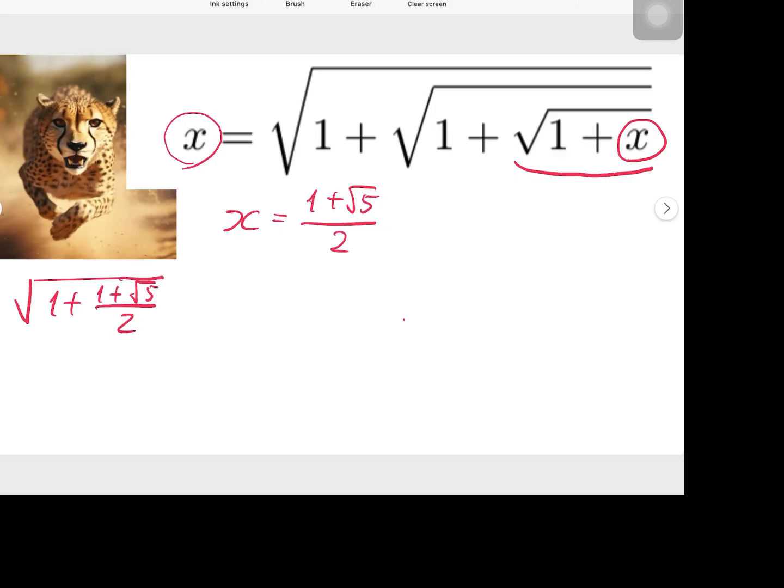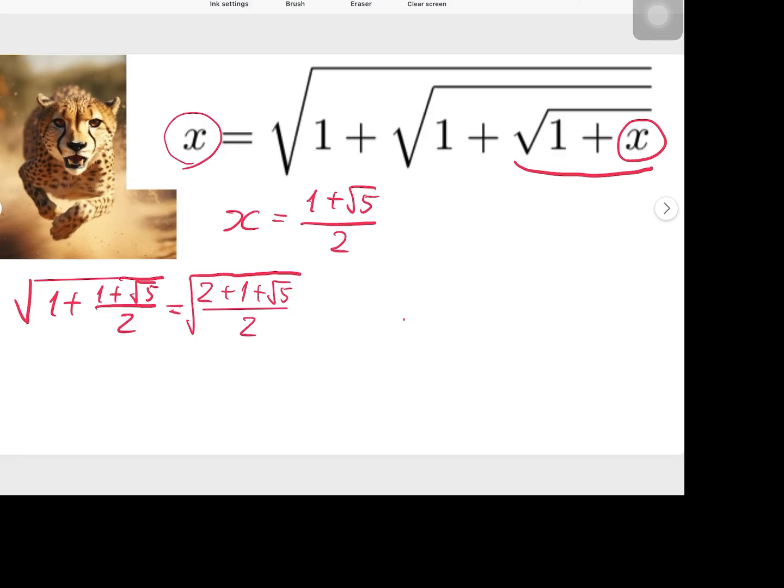So how to rearrange this expression? First we need to find a common denominator, which is 2, so it will be 2 plus 1 plus square root of 5 divided by 2.